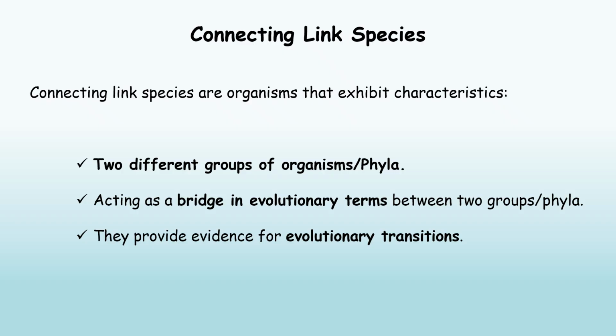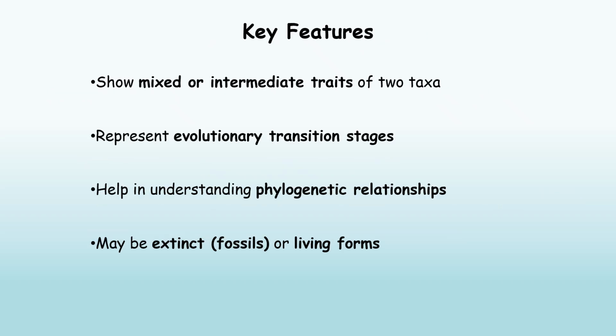Connecting link species are organisms that exhibit the following characters: they share the characters of two different groups or phyla, and they act as a bridge in evolutionary terms between those groups or phyla, and they even provide evidence for evolutionary transitions. What are the key features of such connecting link species?